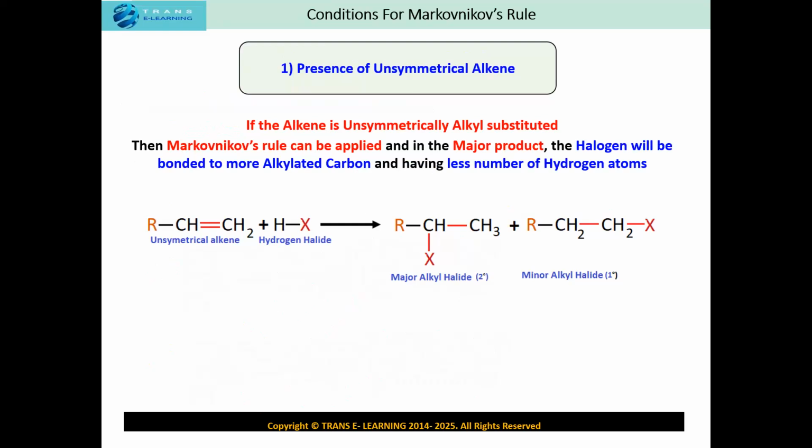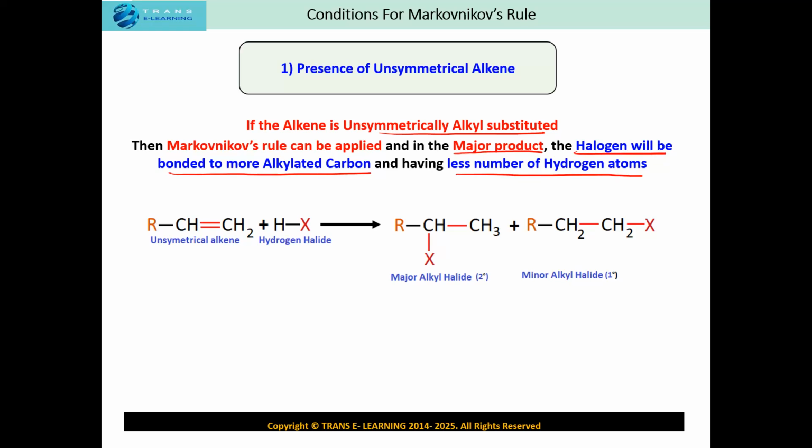Now, the presence of unsymmetrical alkenes. If the alkene is unsymmetrically alkyl substituted, then Markovnikov's rule can be applied, and in the major product, the halogen will be bonded to the more alkylated carbon atom. That means having a lesser number of hydrogen atoms. So there are two ways of learning this.